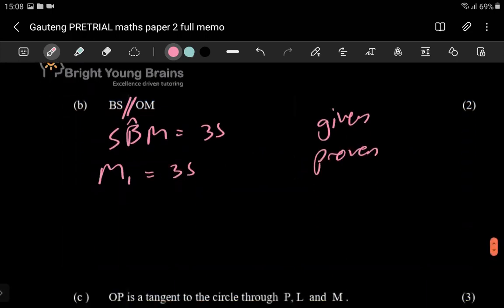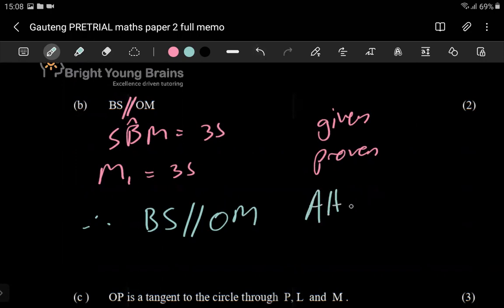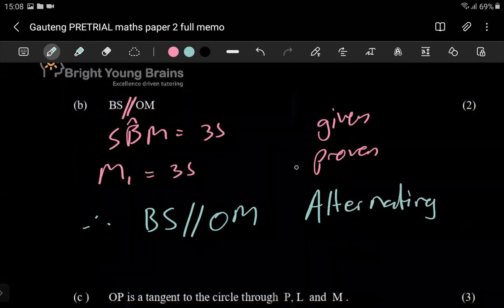Because they are both equal to 35, we can say therefore BS is parallel to OM. The reason is alternating angles are equal.